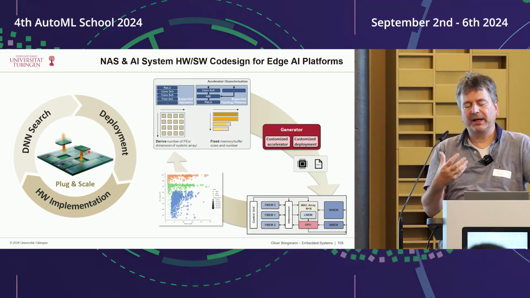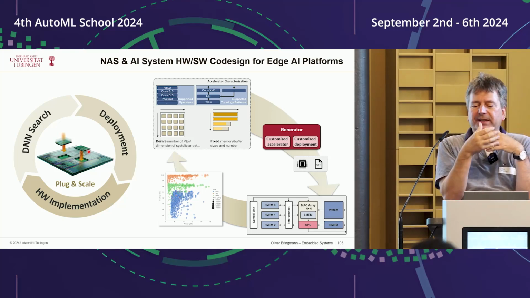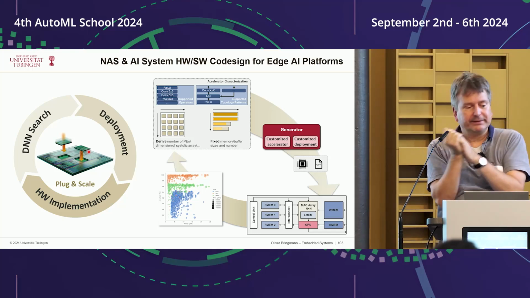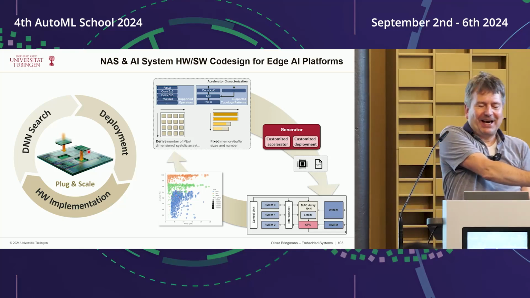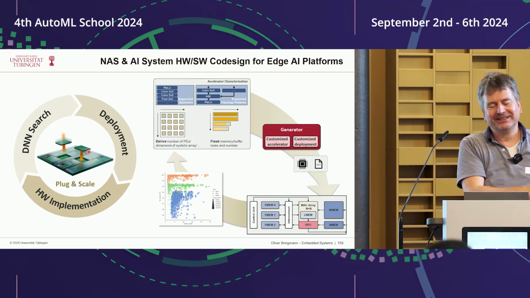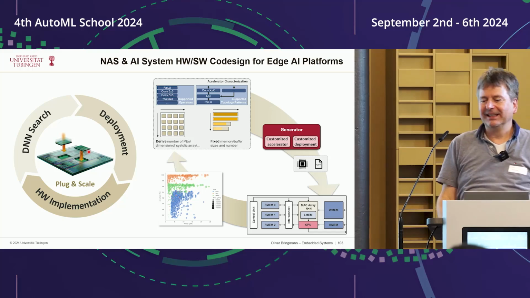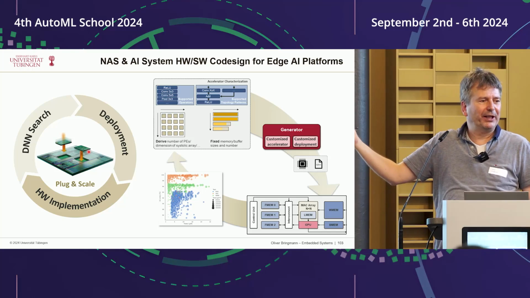Those architecture templates will be selected with respect to the family of neural networks you would like to implement, and with respect to the operators that are needed in that kind of family, for example, convolution sizes. If a convolution size does not fit to this systolic array, it's probably not that good.